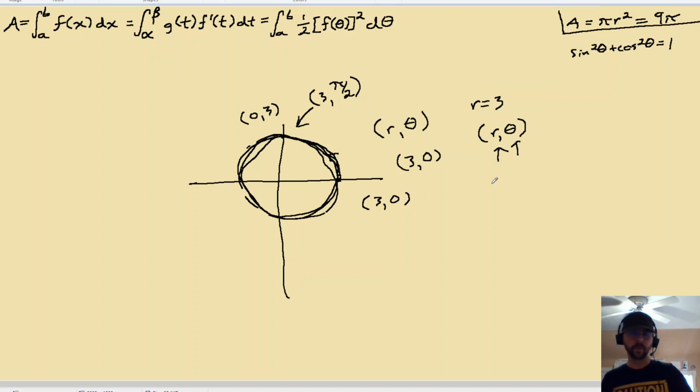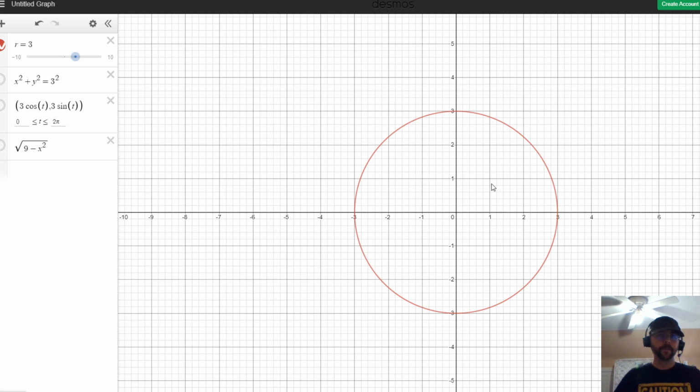So that's polar coordinates. The other thing I had on my little Desmos was that in Cartesian coordinates, the graph of the circle is x squared plus y squared equals 3 squared.